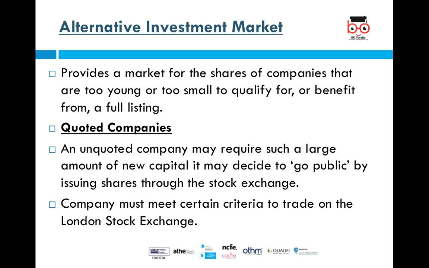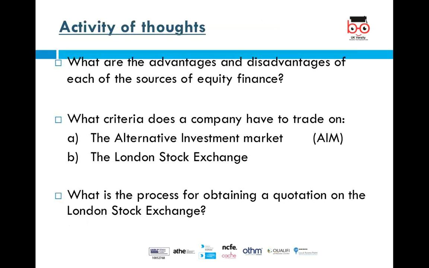There are some criteria and formalities that the company needs to meet to trade on the stock exchange market. So that's a quoted company. Quoted company means the company is listed in the share market, and the company can raise money by issuing shares, and buy and sell shares to bring money into the company.